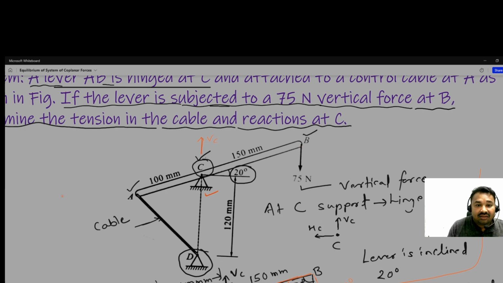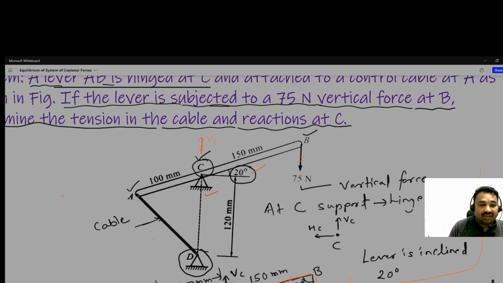This VC and 75 Newton are both vertical, but the lever itself is not vertical, because the lever itself is inclined by 20 degree, okay.